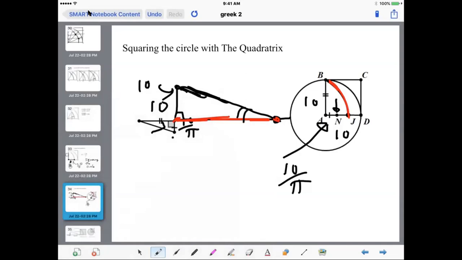Remember the Z thing? There's a Z here. So we do have similar triangles. Use similar triangles to figure out the exact length of the red line segment. The answer is probably going to have a pi in it.